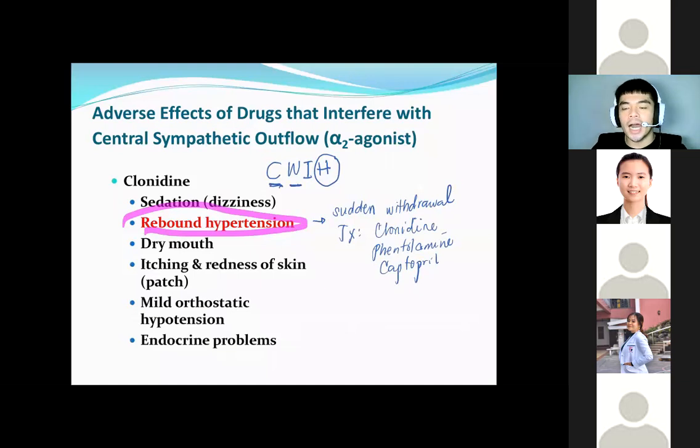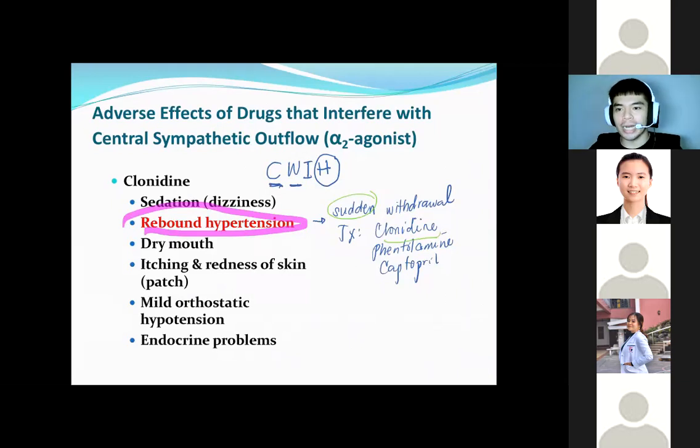Siguro may magtatanong, di sir, forever na niyang iinumin ng clonidine? No, no. Why? Sabi natin, nangyayari ang rebound hypertension pag sudden, pag bigla mong in-stop ang gamit. Kaya para maiwasan ang rebound hypertension, you have to taper the dose.